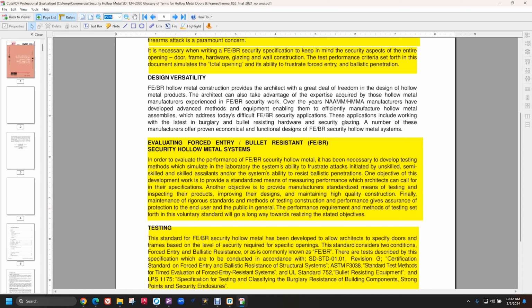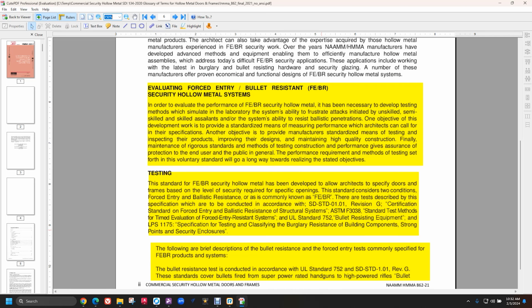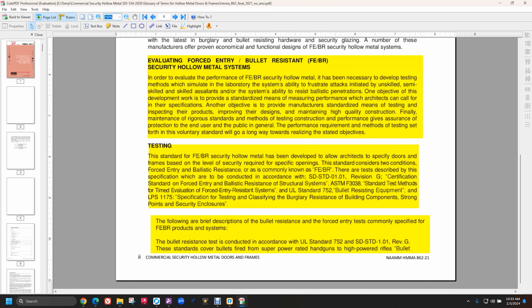Finally, maintenance of rigorous standards and methods of testing, construction, and performance gives assurance of protection to the end user and the public in general. The performance requirement and methods of testing set forth in this voluntary standard will go a long way towards realizing the stated objectives.